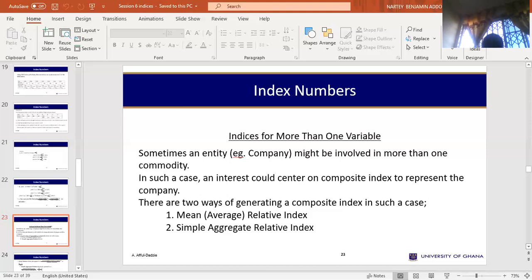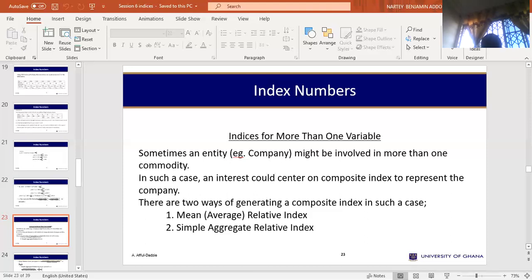Now, in such a case, an interest could center on a composite index to represent the company. There are two ways of generating a composite index in such a case. We have the mean aggregate, and then we have the simple aggregate.